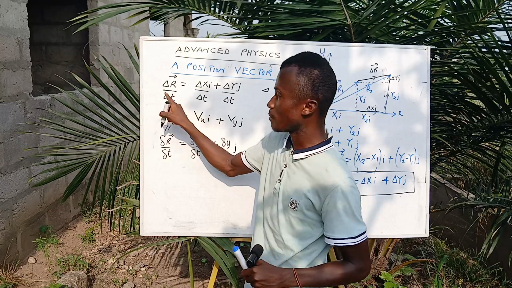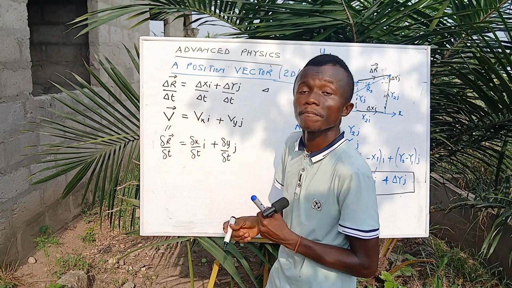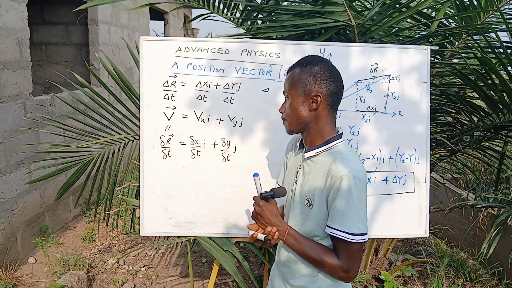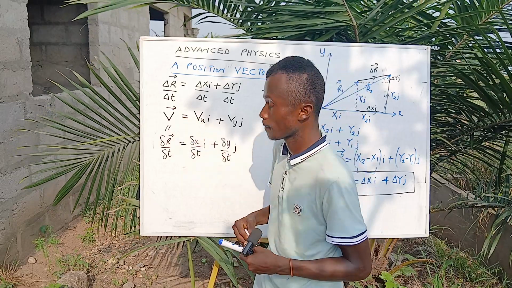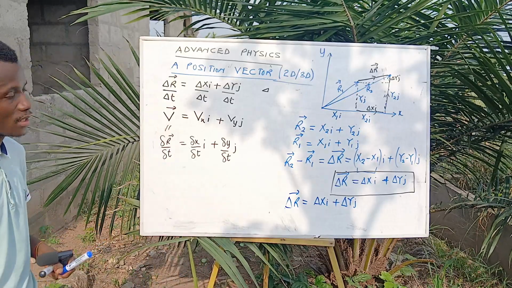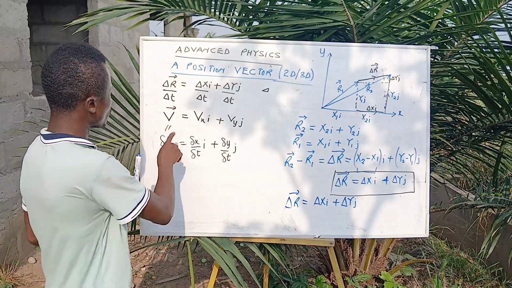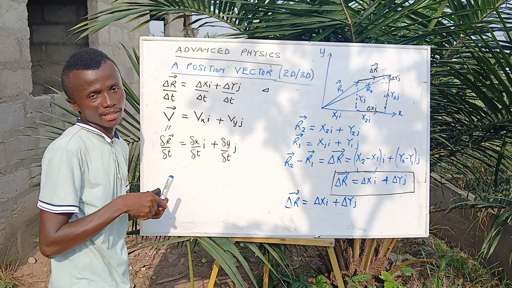So the derivative of the position vector is also a vector. It is a velocity vector of the form vx i plus vy j. Then it also turns out that the derivative of the velocity vector will give you the acceleration vector.